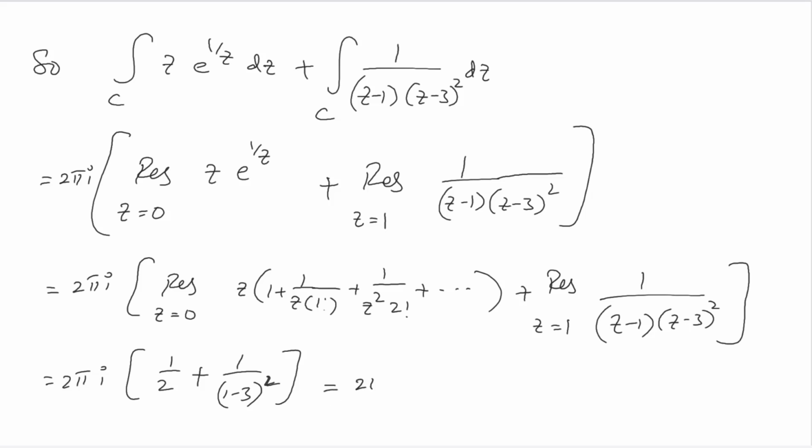So in total we get 2 pi i times 1 divided by 2 plus 1 divided by 4, hence this is 2 pi i times 3 divided by 4, hence 3 pi i divided by 2.